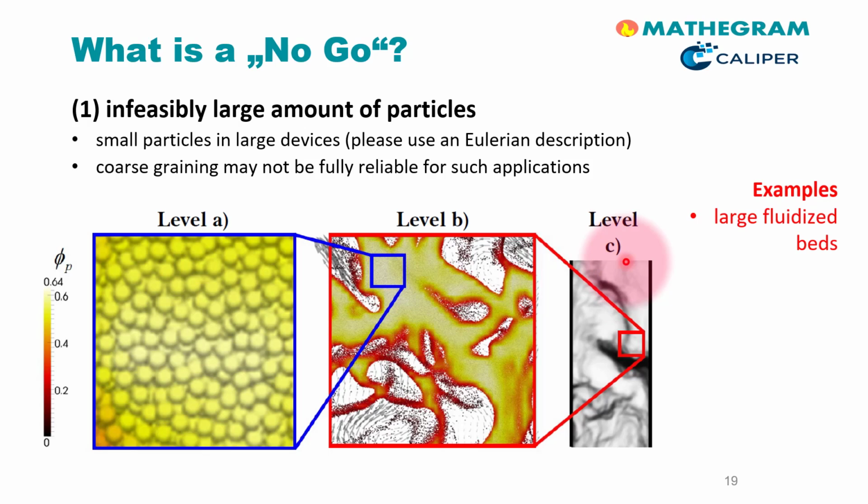Examples of what are CFD-DEM no-goes include large CFD simulations of fluidized beds, as shown here in the figure, the fluidization of small particles, for example nanoparticles, or the simulation of dusting phenomena.